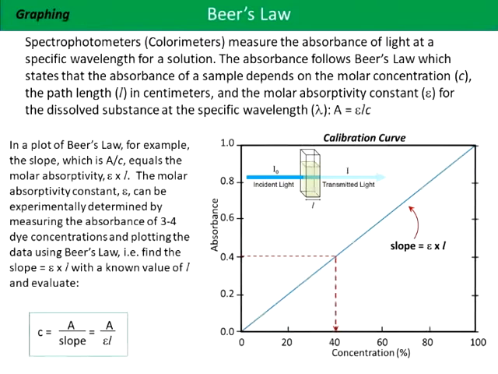And L is the path length for that instrument. When we do that, we can establish a calibration curve that allows us to evaluate unknown sample concentrations.